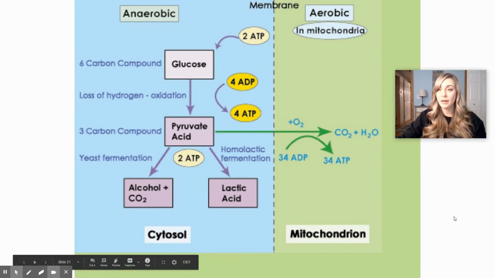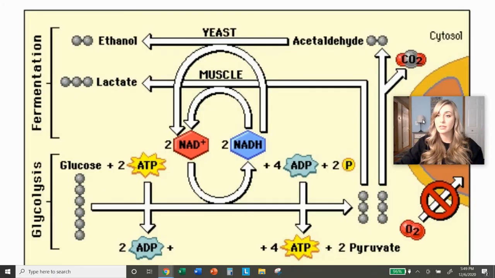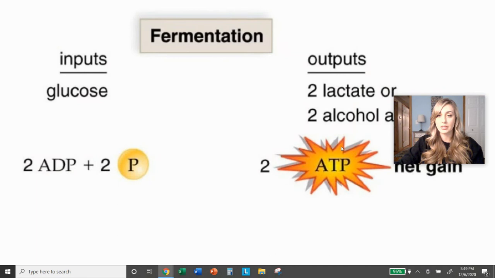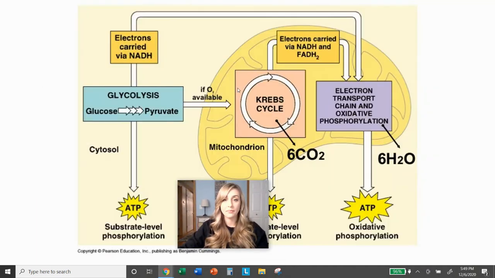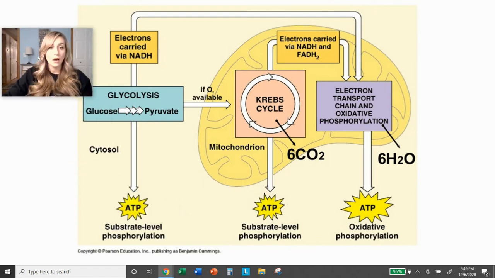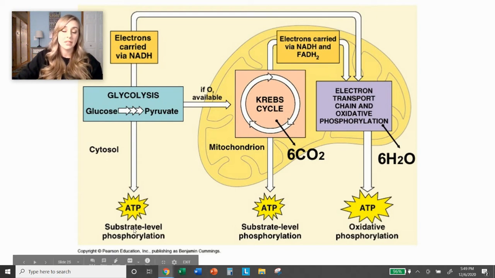If you need another diagram to look at, there's fermentation again, which we've discussed repeatedly. So we're just going to continue on. In this diagram itself, we've talked about glycolysis happening in the cytoplasm or the cytosol. We have some substrate level phosphorylation, where we're handing off a phosphate to generate some ATP. We've got 2 of them.